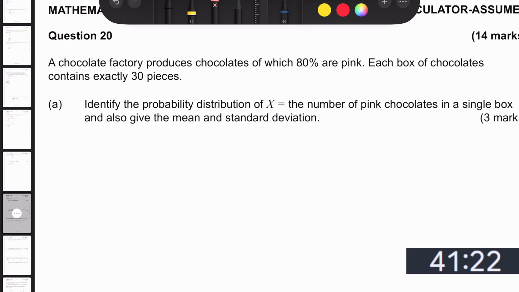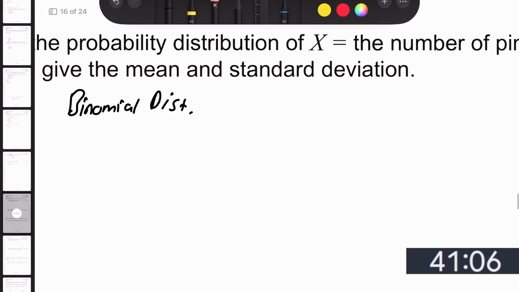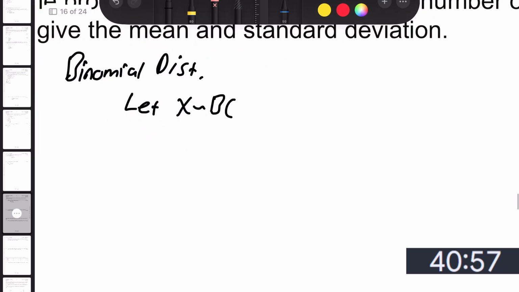Or does it want me to say it's a binomial distribution? Because it's either pink or it's not, right? Okay, so binomial distribution, where I have let x be a binomial distribution, and I'm going to have 30 pieces, and my success rate is 0.8.